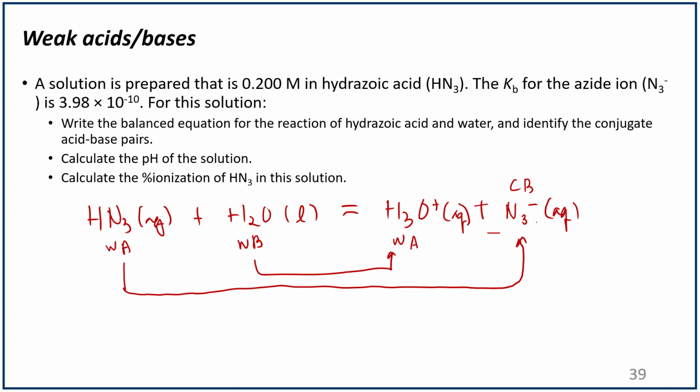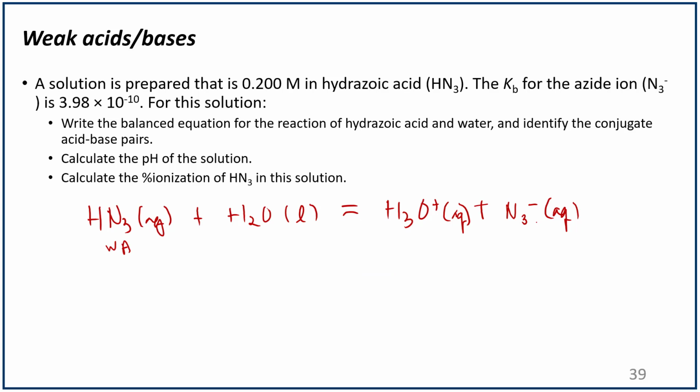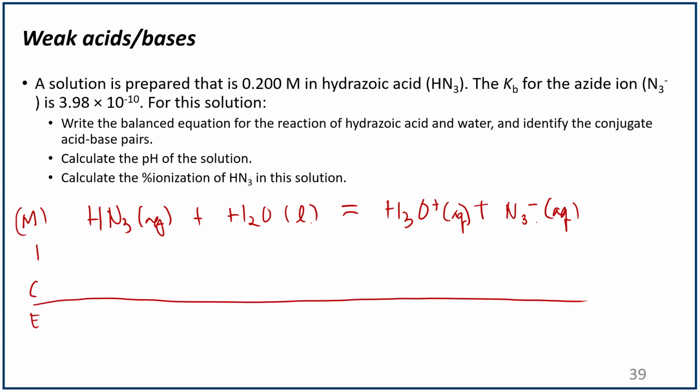The next one is you want to calculate the pH of the solution, and for that we're going to set up an ICE table with this reaction that we have just written. The only information that we're given is the initial concentration of hydrazoic acid, and we ignore water.